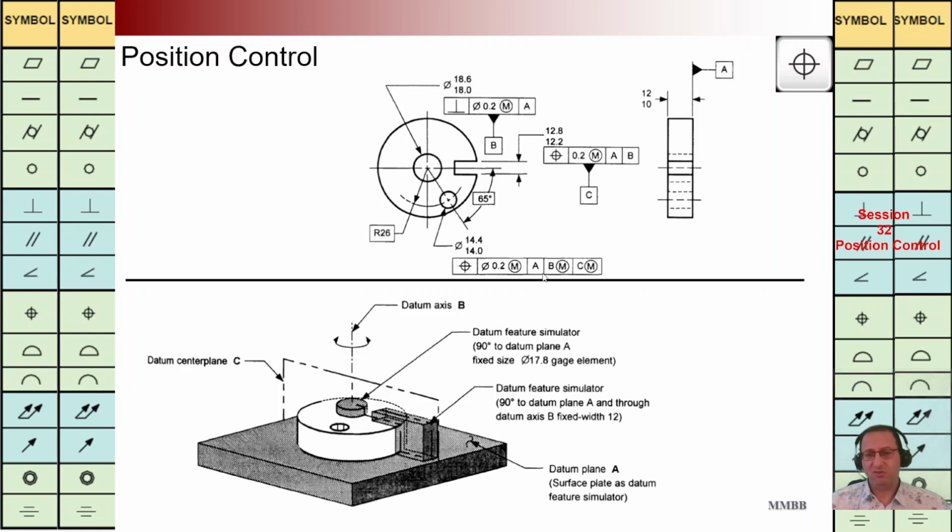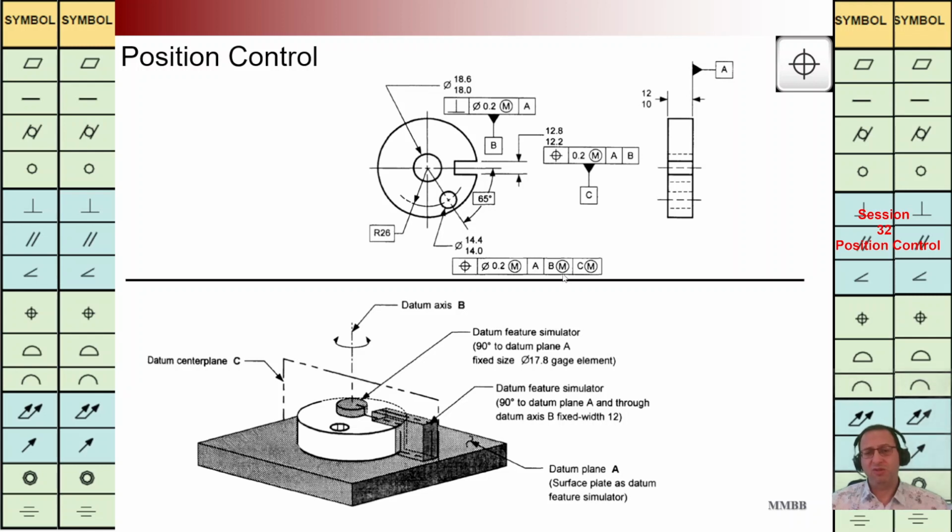Because we are going to have these two modifiers for this datum reference B and C. B is the center of this hole. B is this one. For B we have modifier, and B is the hole with a diameter of 18 to 18.6.